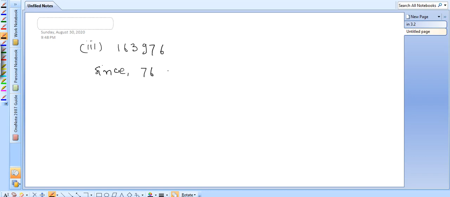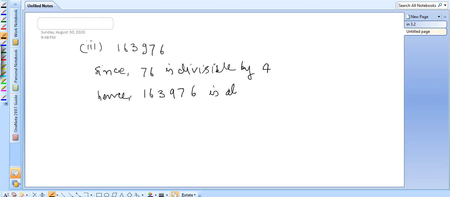Since 76 is divisible by 4, hence 163976, that is the given number, is also divisible by 4. So it's very easy to check if a number is divisible by 4 or not. Last के two digits check करने हैं.